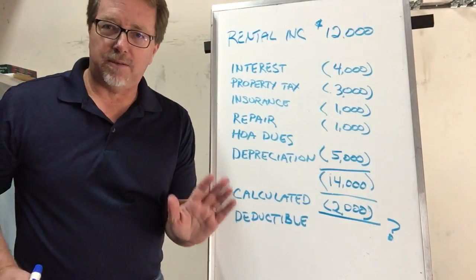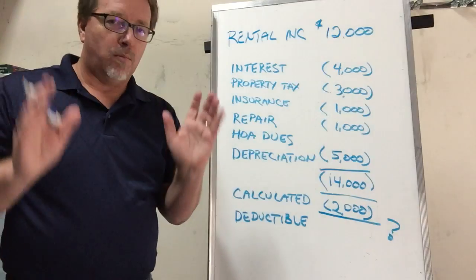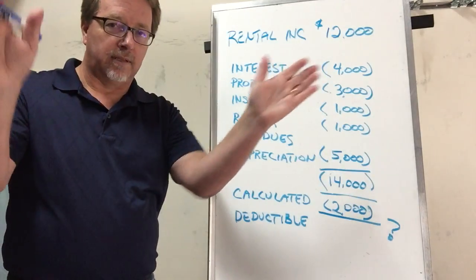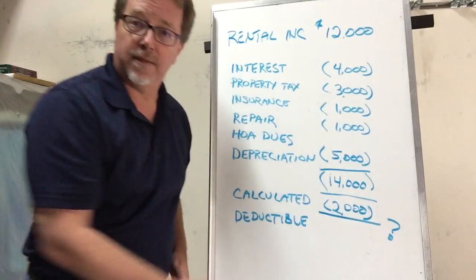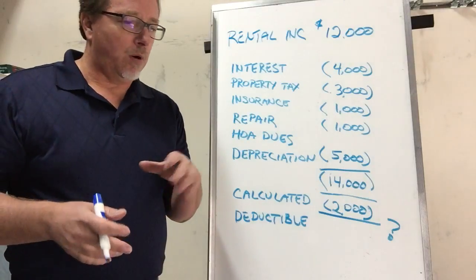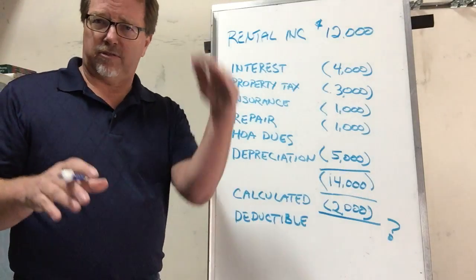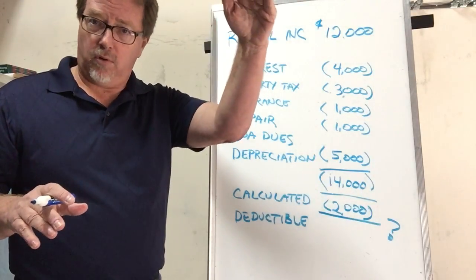Well, that depends how much other income you have on your tax return. And the more income you have in other places, the less chance you're going to have the ability to deduct that loss. Let's say that you're married and both spouses make $100,000, so you've got W-2s of $200,000 in another place on the form.